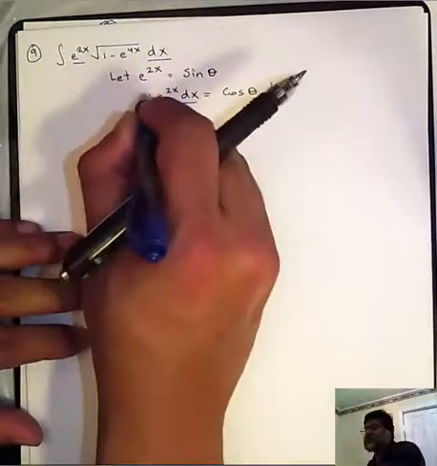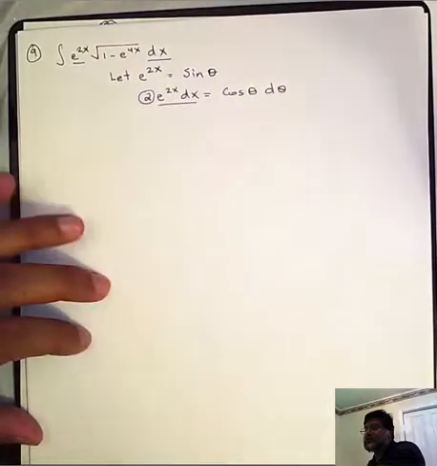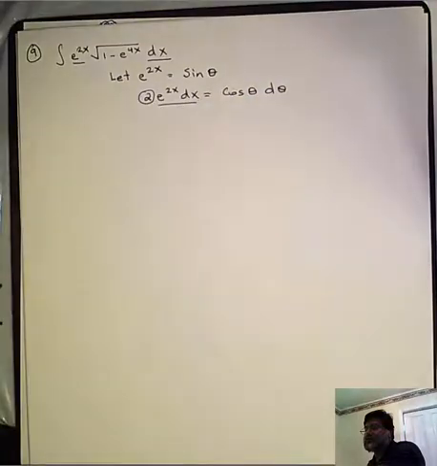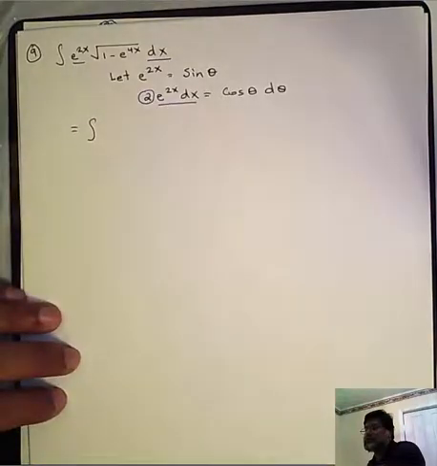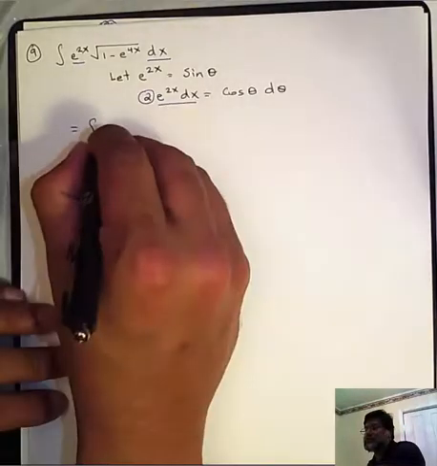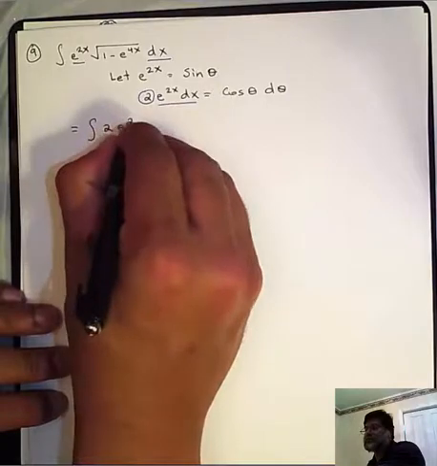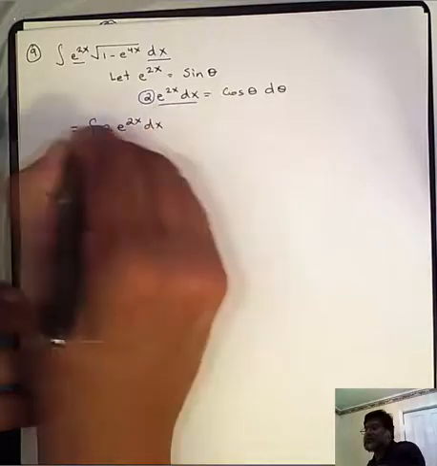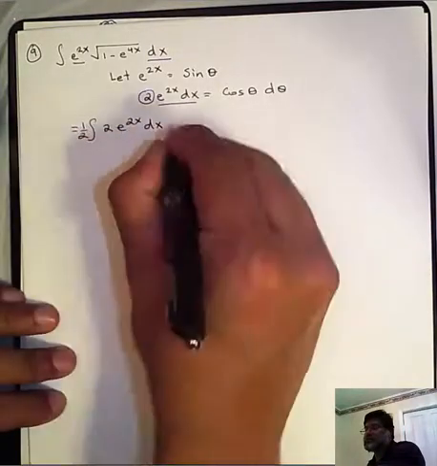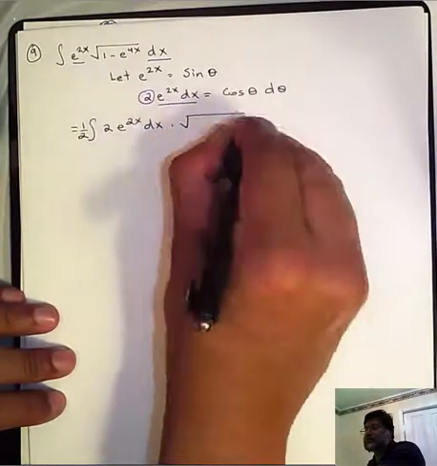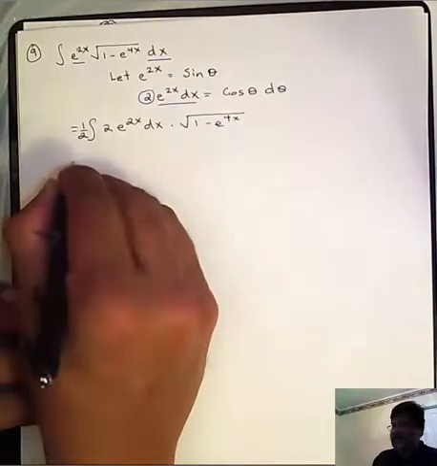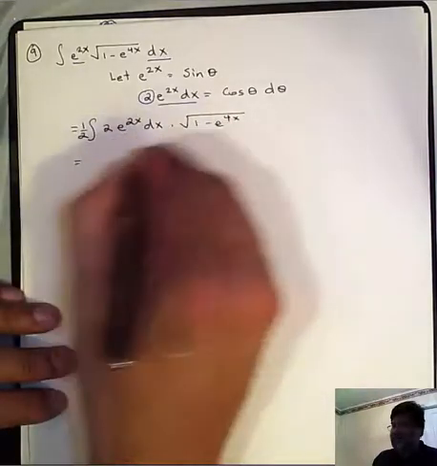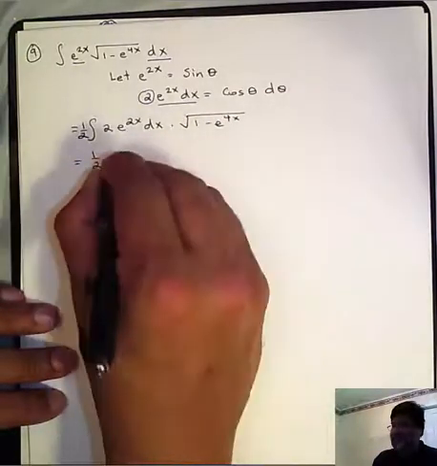So this is something extra we're going to bring in. Okay. So I'm going to write 2 and take away that 2 by multiplying by half. So we know this is going to be cosine theta d theta.